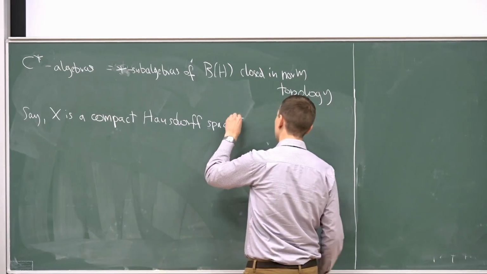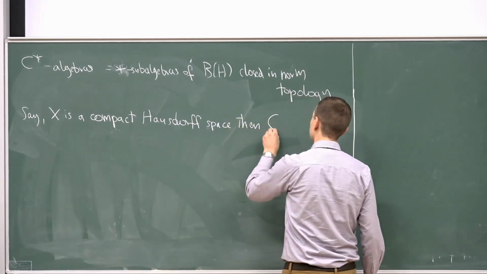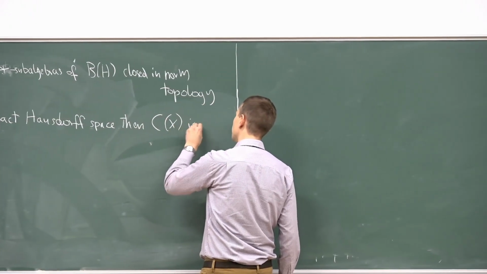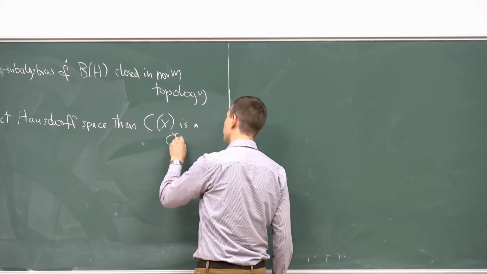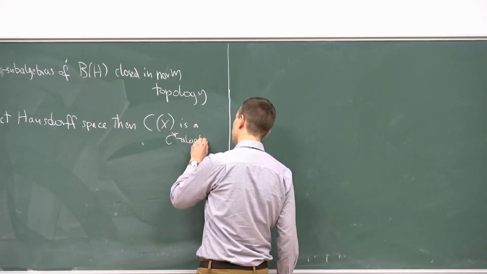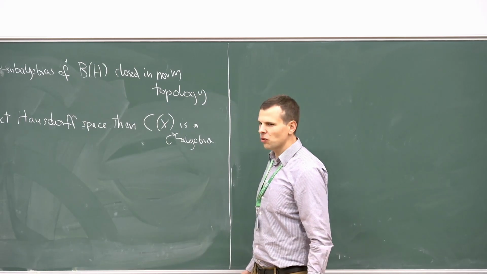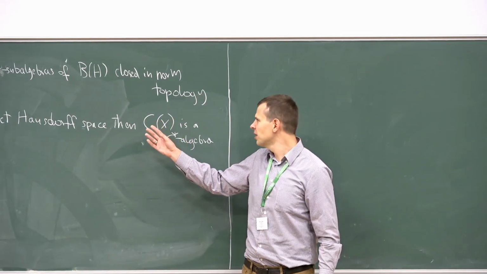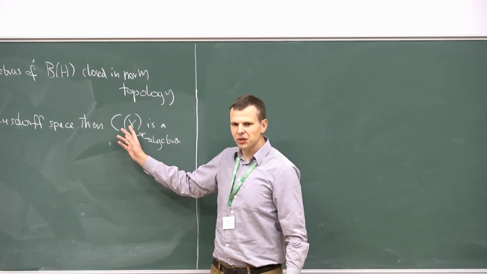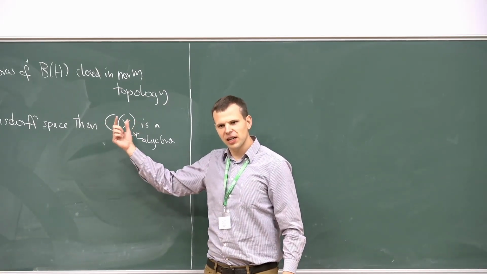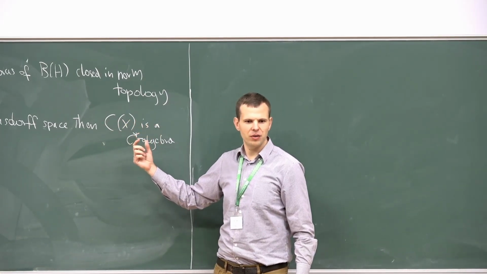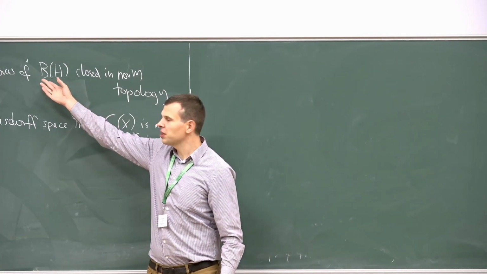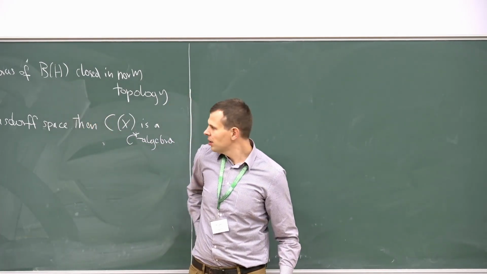Then C of X is a C-star algebra. And this is roughly like L infinity of X, when you fix a measure on X, and then C of X acts on L2 by left multiplication. So you can view it inside some B of H.